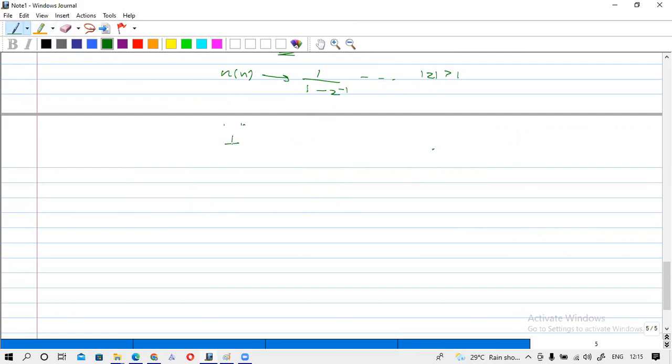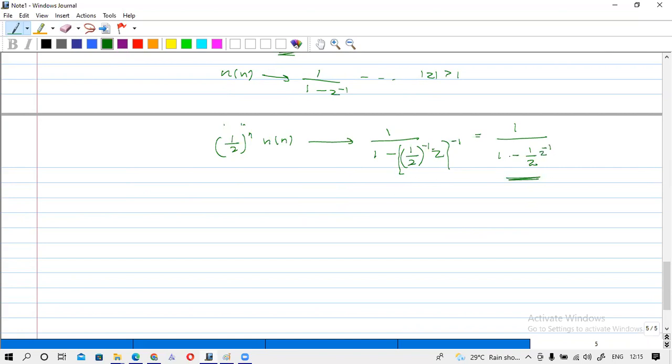So if I get half n un, I have 1 minus, instead of this z I have to use half minus 1 z then minus 1. Correct. If I simplify it I will get 1 minus half minus 1, so here you will get z minus 1. So this will be the answer, no?